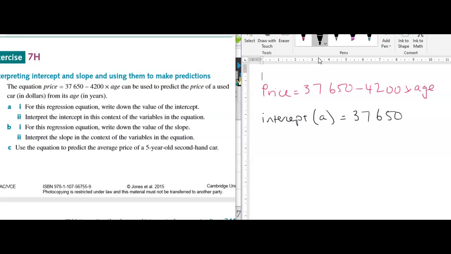Now, when you're interpreting this, it is when your explanatory variable, or your value of x, is equal to 0. When you're taught straight line graphs, your y-intercept is when x equals 0, or your explanatory variable is equal to 0.